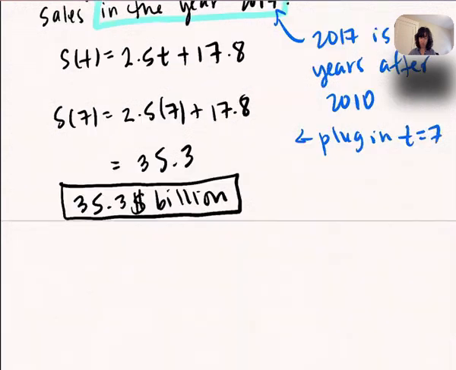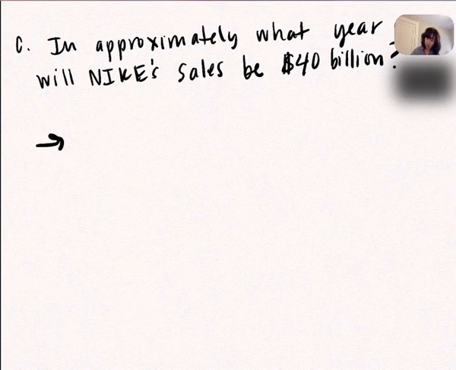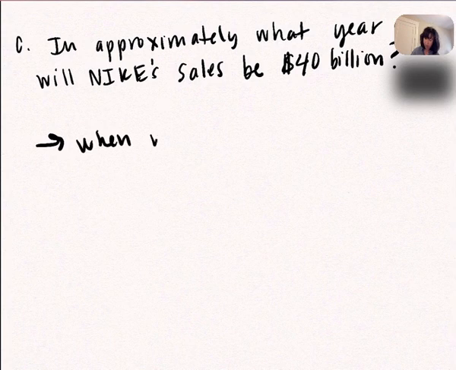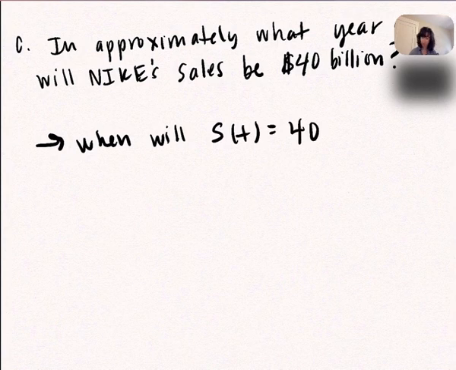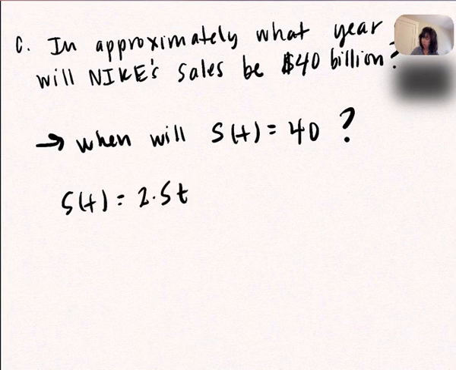Okay, let's look at part C. In approximately what year will Nike's sales be 40 billion? So the question is, when will S of t equal 40 billion? We know our equation for S of t is equal to 2.5t plus 17.8.